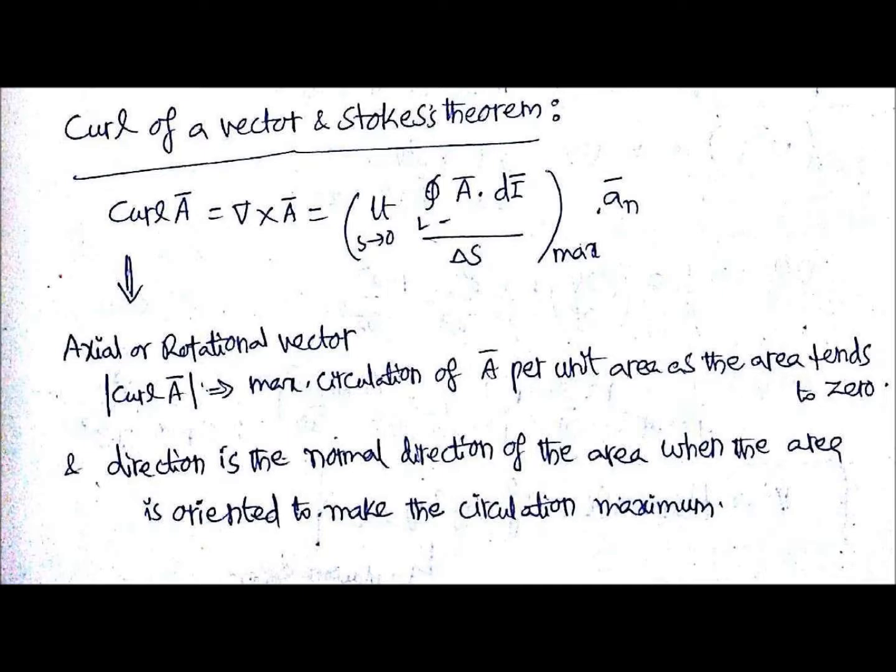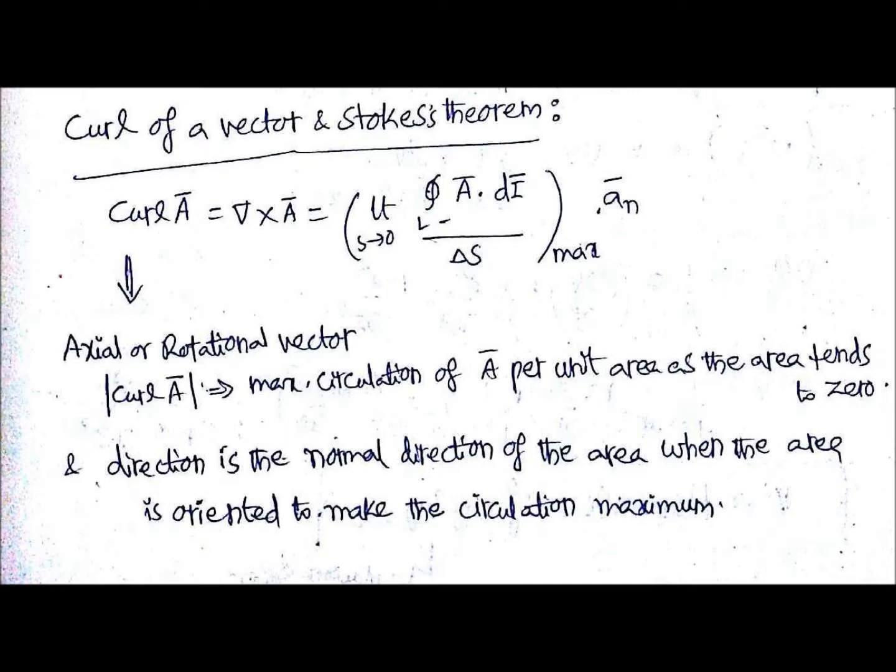So this is nothing but axial or rotational vector, and the magnitude of curl of a bar is nothing but maximum circulation of a bar per unit area as the area tends to 0, as I mentioned, that is limit s tends to 0, right? And the direction is the normal direction of the area when the area is oriented to make the circulation maximum.